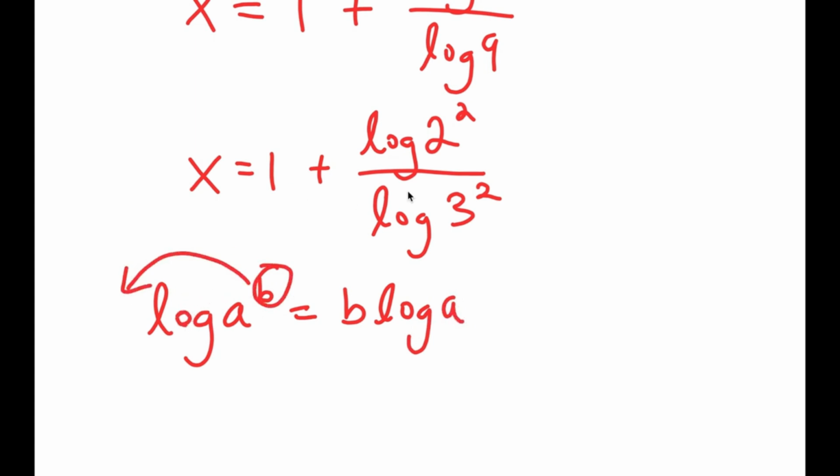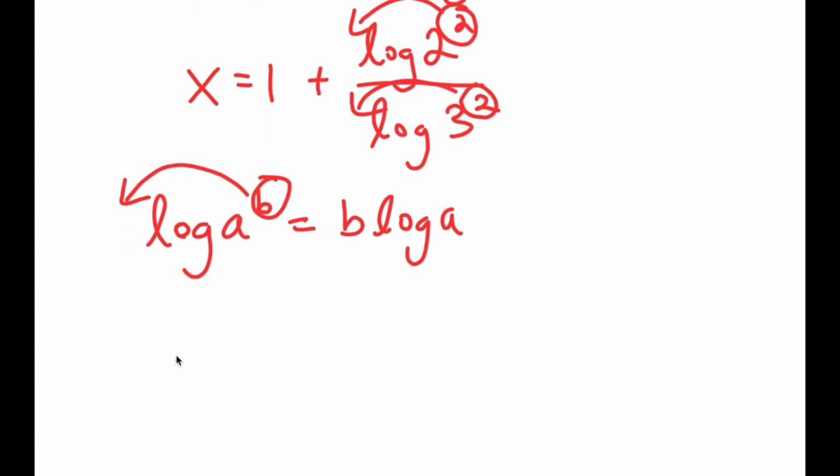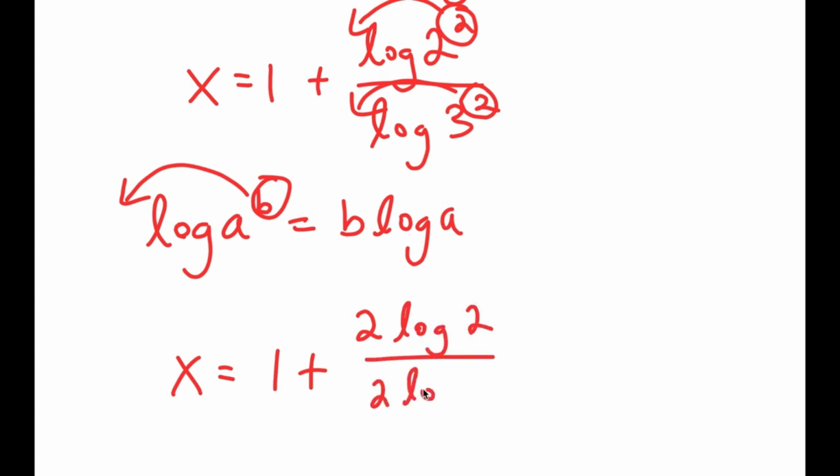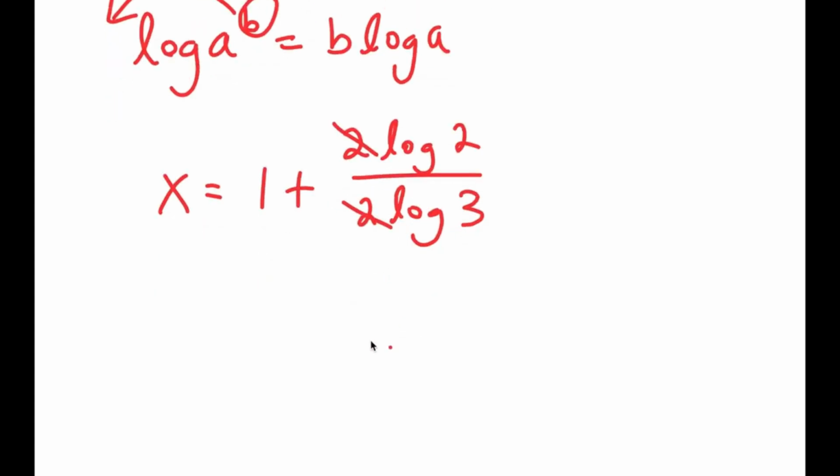So I'm going to reuse this property on these two terms. So log 2 squared, I'm going to move the 2 to the front, and same with log 3 squared. So I get x is equal to 1 plus 2 times log 2 over 2 times log 3. And now I can cancel out these 2's. So I get x is equal to 1 plus log 2 over log 3.